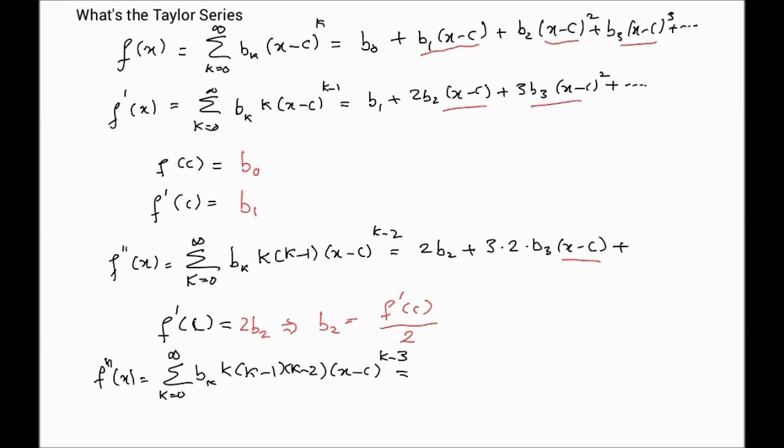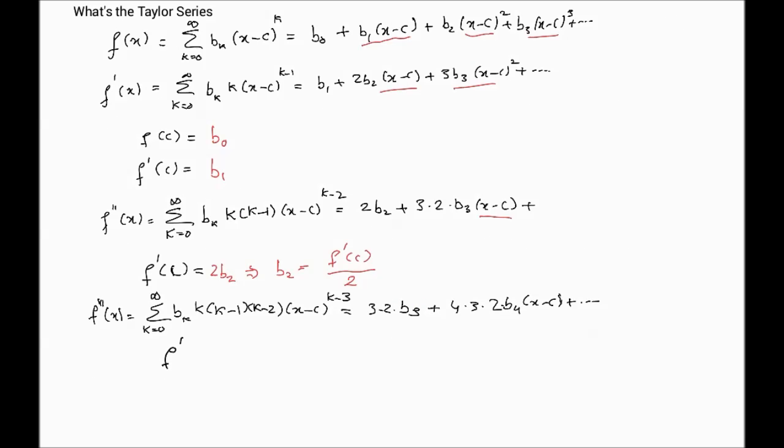And of course, term by term, it's just going to be 3 times 2 times b3, plus the next term, which is going to be 4 times 3 times 2 times b4 into x minus c. Plus, we have the remaining terms.